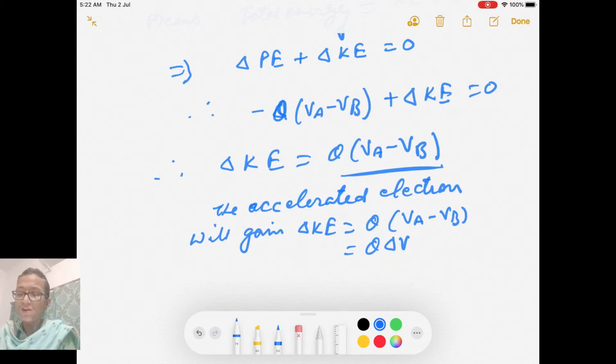But the electron does not accelerate. Actually, the electron moves with drift velocity.